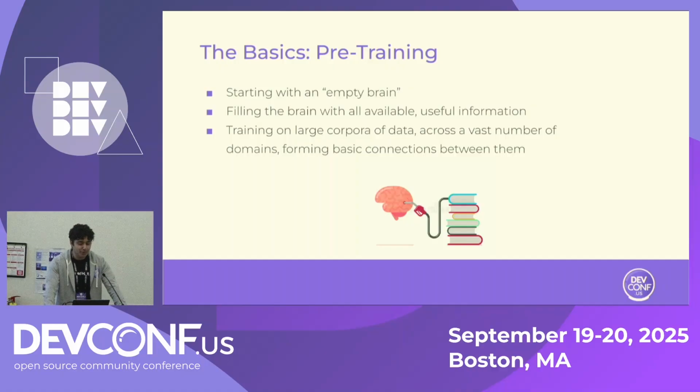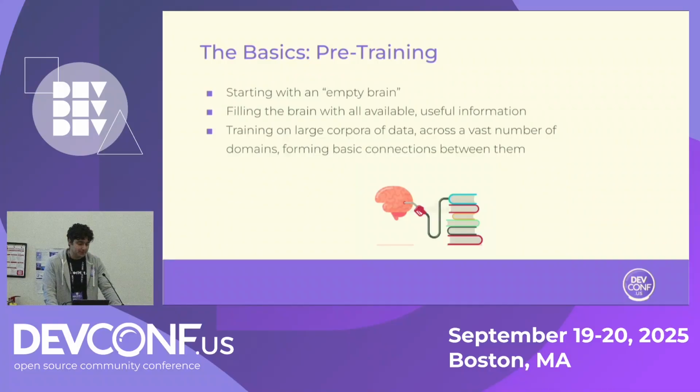So what we're doing during pre-training is we're basically just trying to fill this brain with all of the useful available information across a large number of domains that we can, such that it can make connections between these domains, hopefully form and learn enough knowledge that it can then be translated into any downstream tasks that we're interested in. So right now, we're not concerned with how we're using the model. We're not concerned particularly with how we're inputting and outputting. We just want this model to learn as much as possible, about as much as it can.